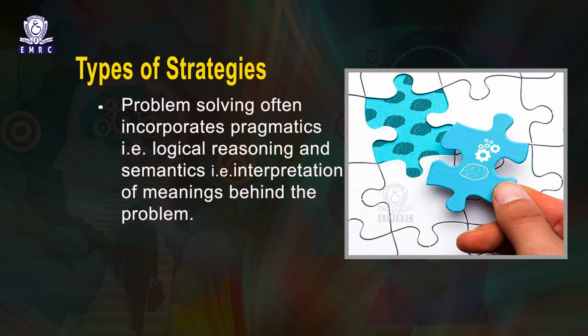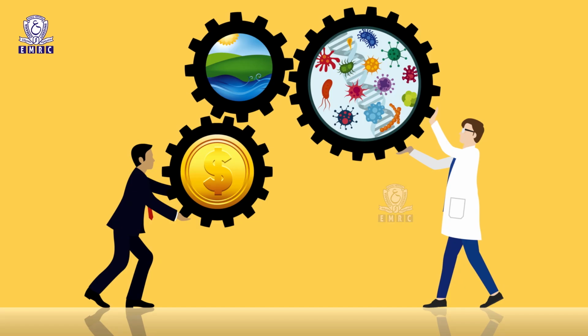Problem solving often incorporates pragmatics, that is logical reasoning, and semantics, that is interpretation of meanings behind the problem. And also in many cases, it requires abstract thinking and creativity in order to find novel solutions.